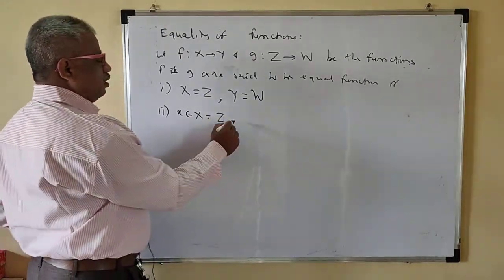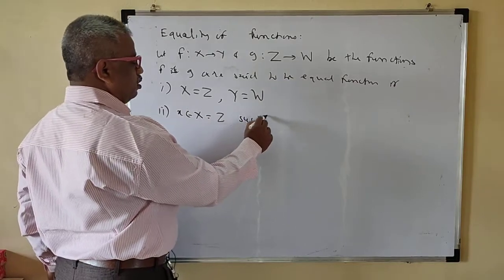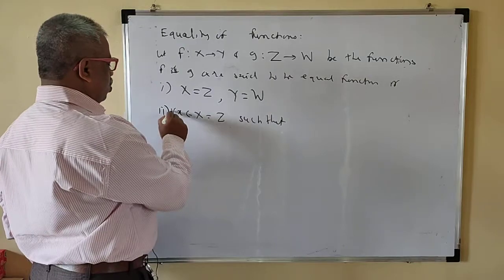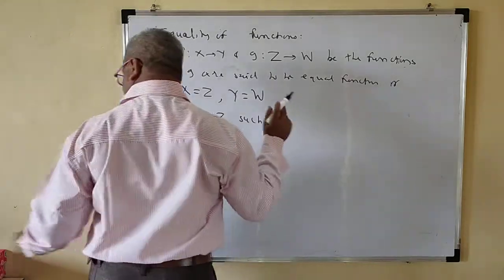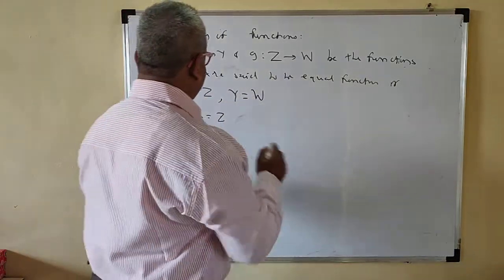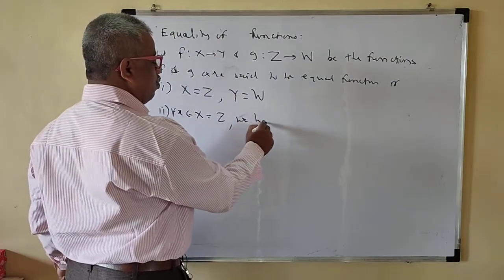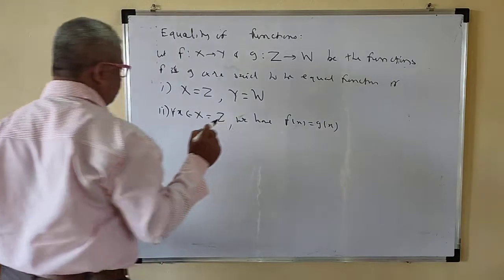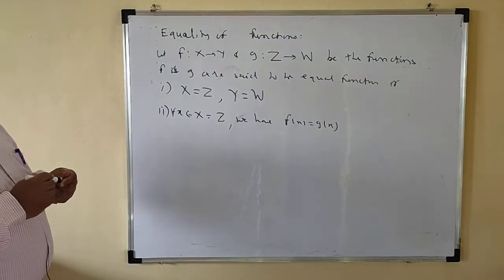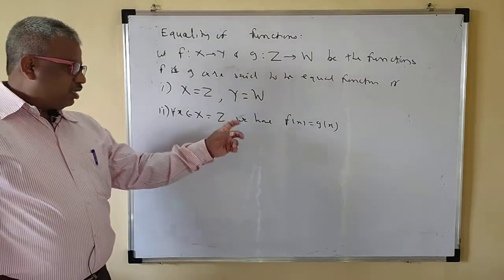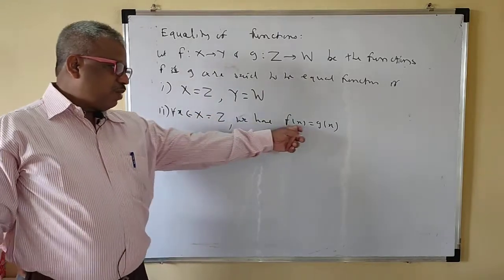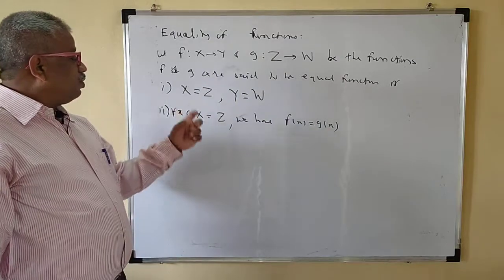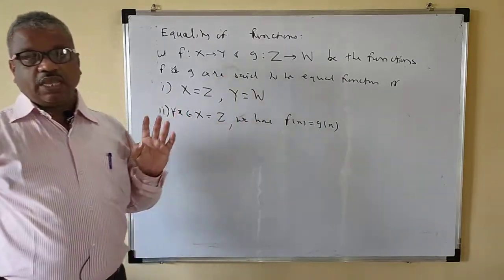Second, for all x belonging to X, we have f of x is equal to g of x. That is, if you apply f and g on any element of the domain, then we must get equal values.